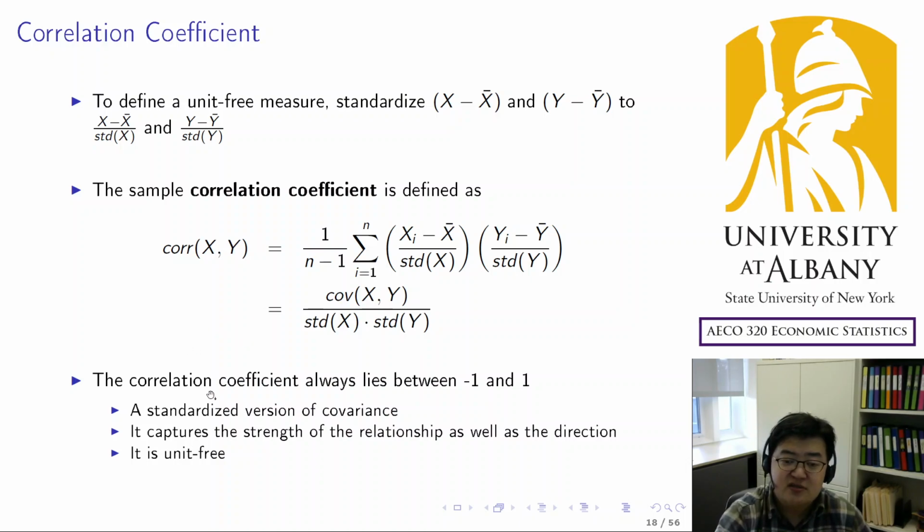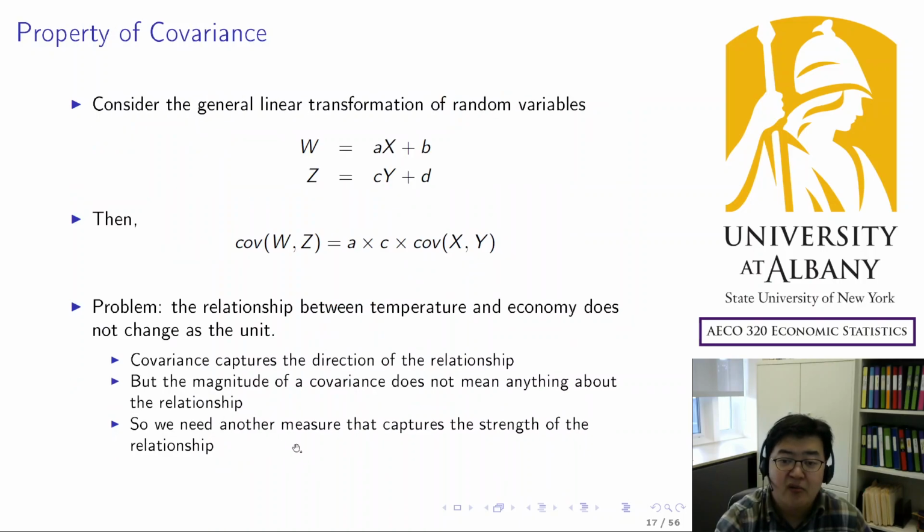As a result, the correlation coefficient captures the strength of the relationship as well as the direction. The sign of the correlation coefficient captures the direction, and its absolute value captures the strength. Remember, the magnitude of a covariance doesn't mean anything because it depends on the unit.